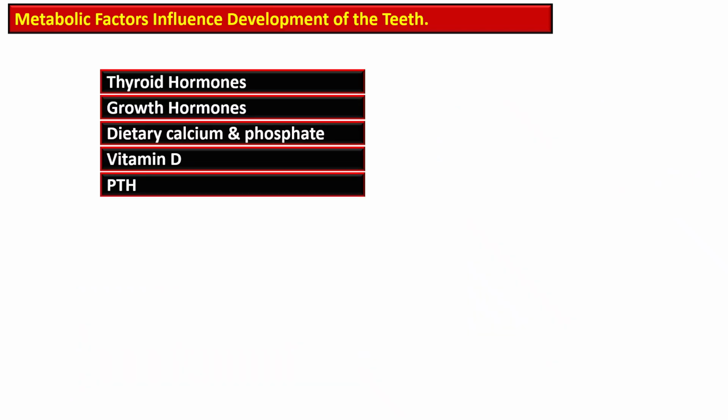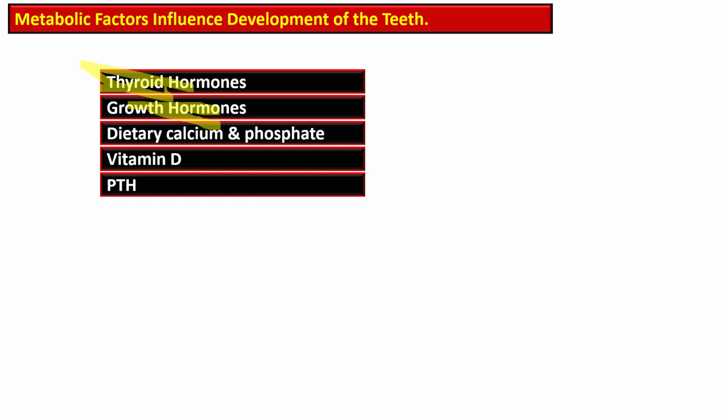So this process is under the influence of many hormones. Thyroid hormone accelerates the tooth development and eruption. Then growth hormone also speeds up the tooth formation and eruption.